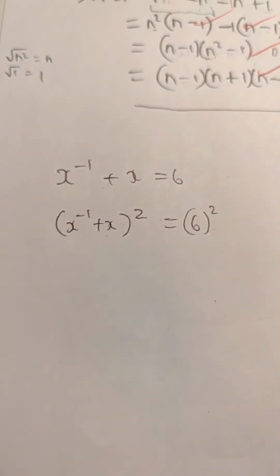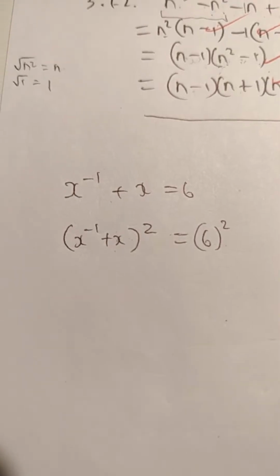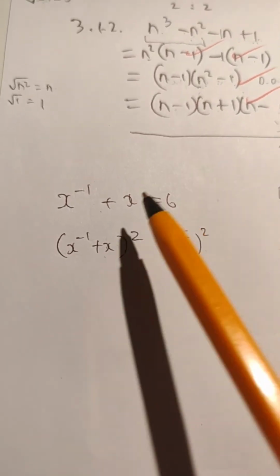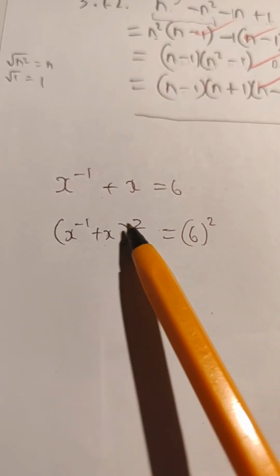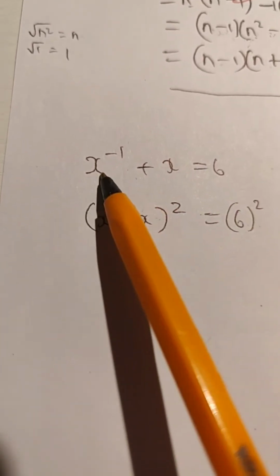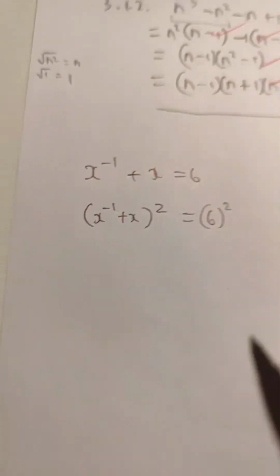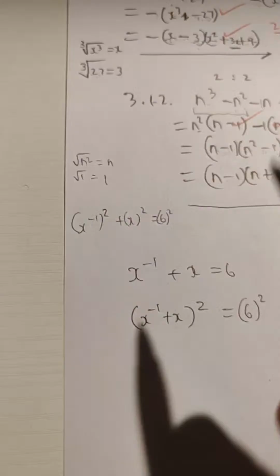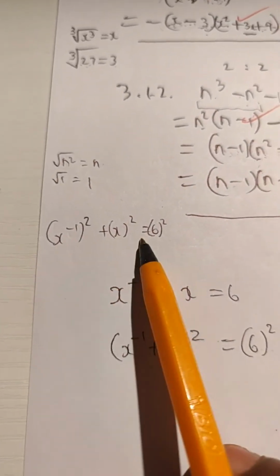Let's square both sides. But please don't apply the wrong mathematics as you apply the square on these two terms. You can't apply the square on the individual terms. You can't, for instance, do this. This is mathematically incorrect.